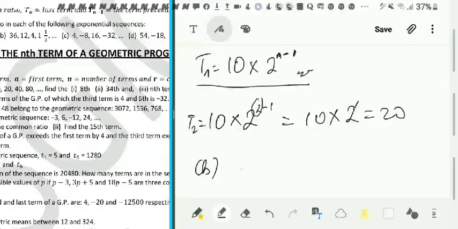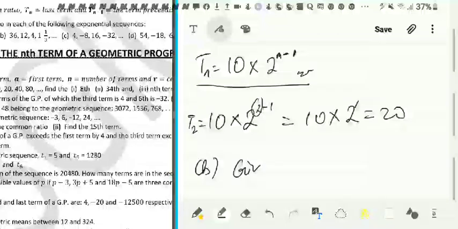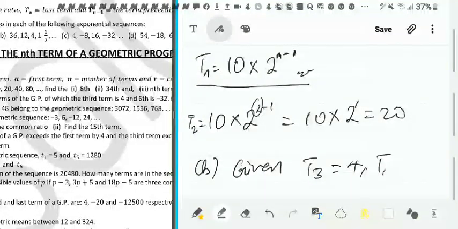Okay, so now we are given the third term, T3, equal to what? 4, and T6 equals what? Negative 32.